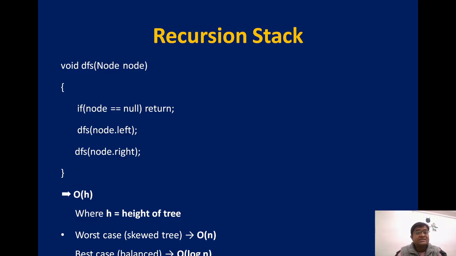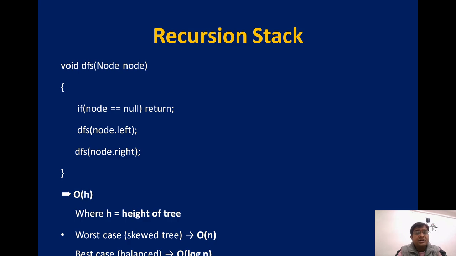Then you have the recursion stack. You have some method with a node, and if the node is null then you return, and then you traverse to the left or to the right with another call of the method.